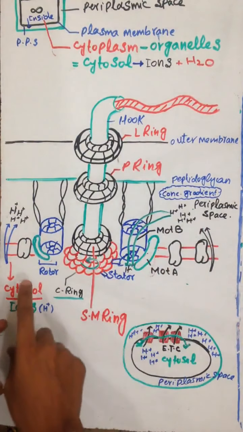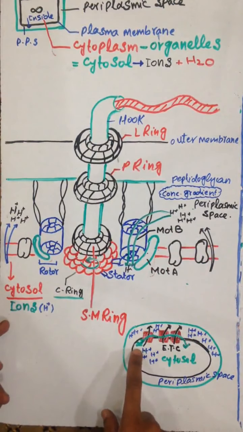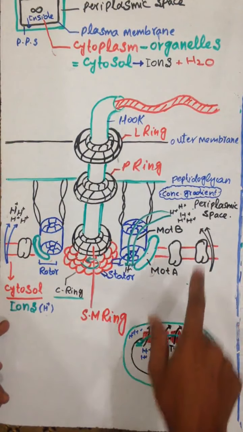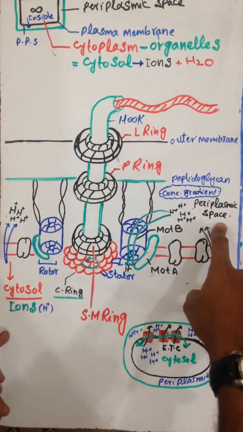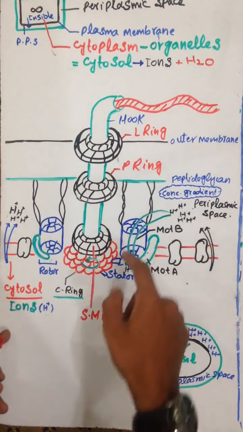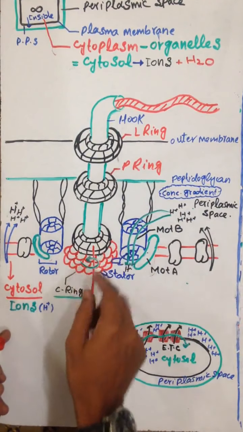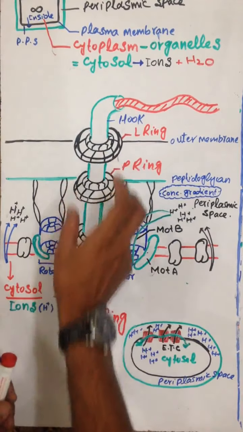Electron excited energy, kinetic energy, will be used for pumping hydrogen ions into the periplasmic space, and here there will be energy as potential energy. Again, this potential energy of hydrogen ions will be used to produce rotational energy for the rotation of this motor part.